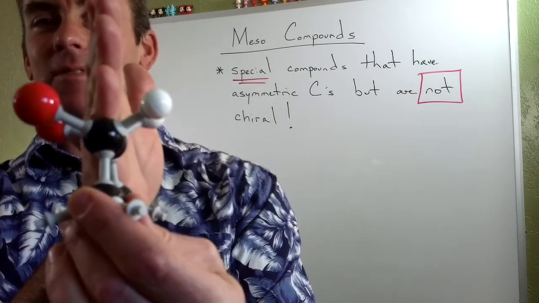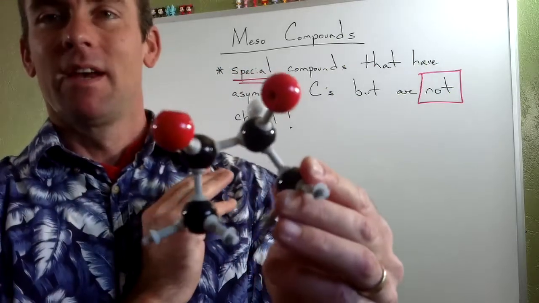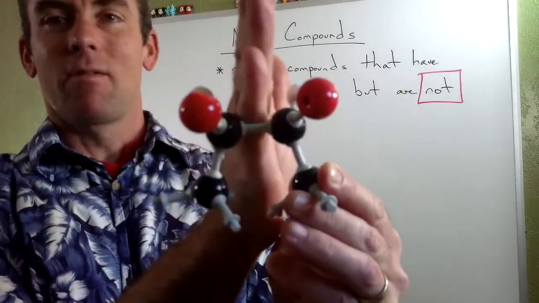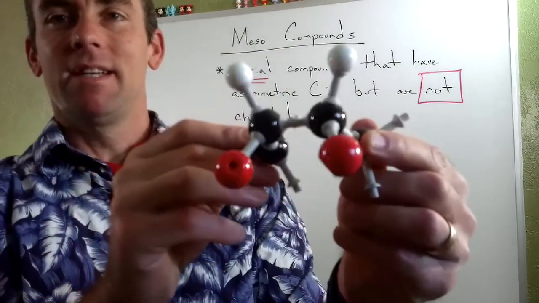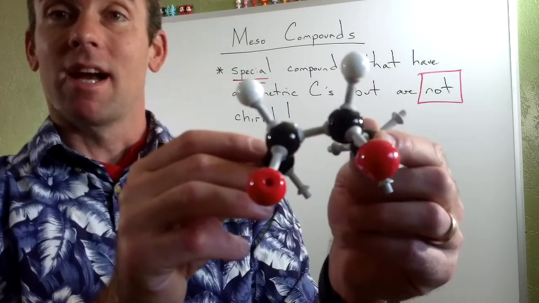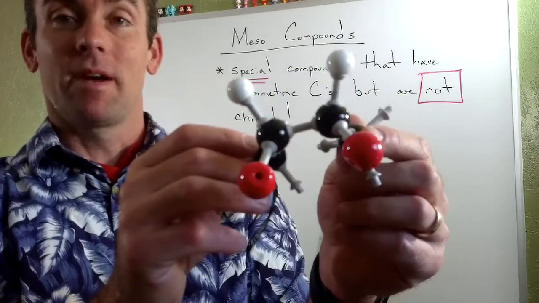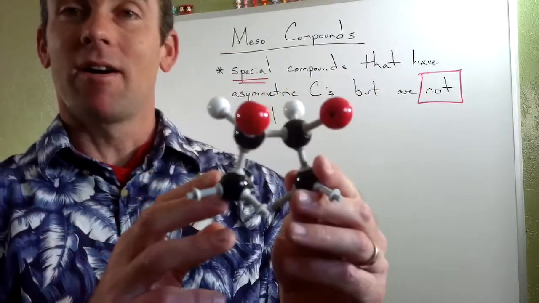That side doesn't reflect into that side. But if I turn it like this, you'll notice that if I cut directly on this center point, everything reflects into each other. And really, that's the key to looking at something and recognizing it as a meso compound, right? There are other ways, and they all depend on being able to assign R and S designations.